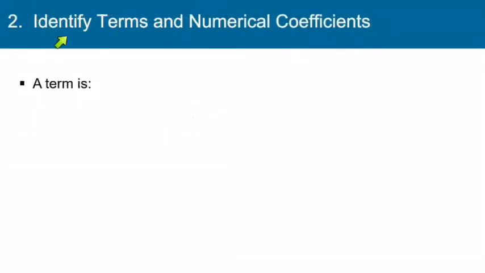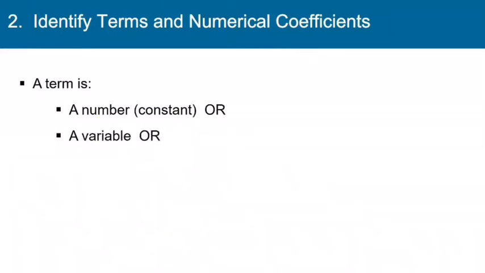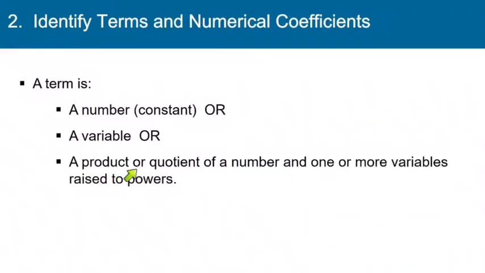Now let's move on to our next objective, which is to identify terms and numerical coefficients. So I'm going to give you definitions for these things. First of all, a term can either be a number, like a constant, or it can be a variable, or it can be a product or a quotient of a number and one or more variables raised to powers.